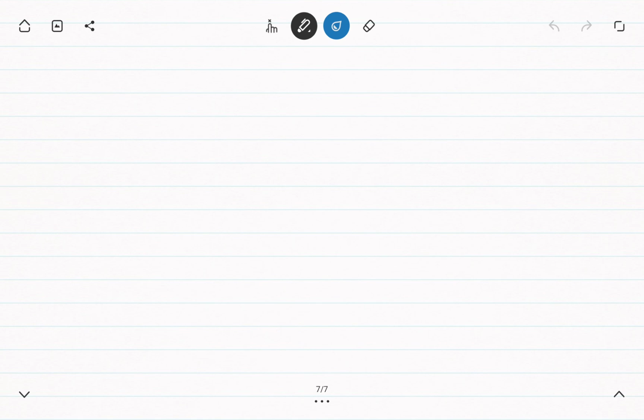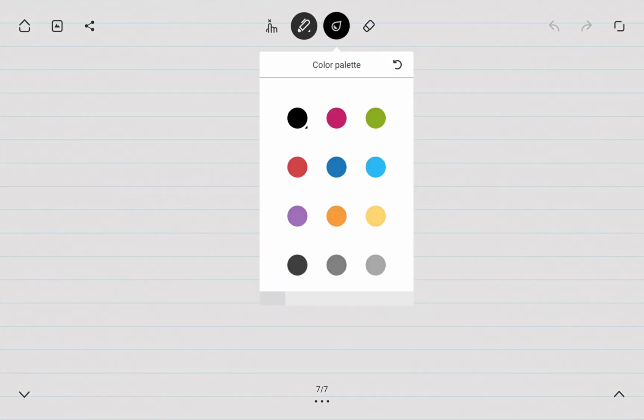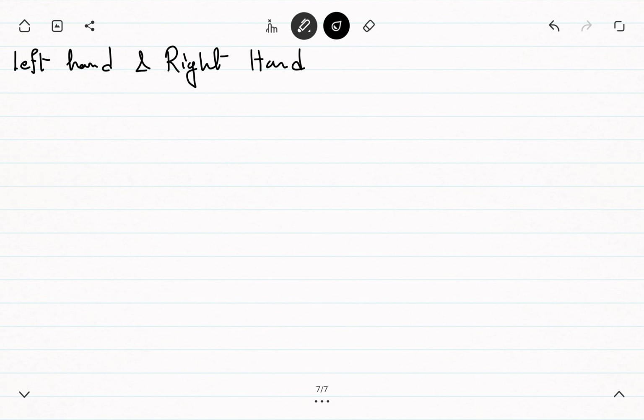So we will write the left hand and right hand limits.